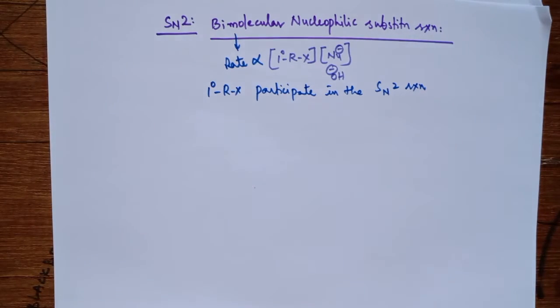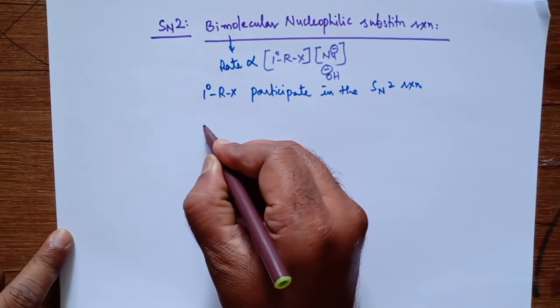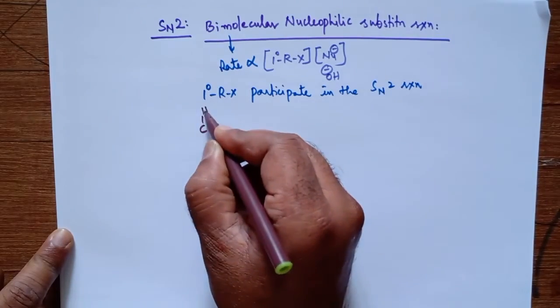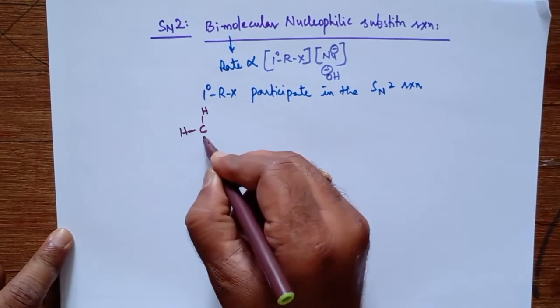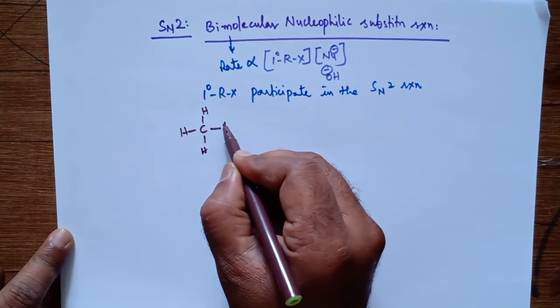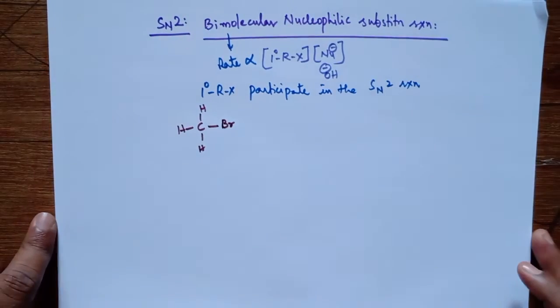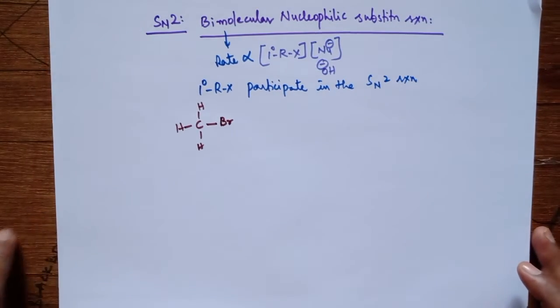So what is the meaning of primary alkyl halide? You should know each and every thing, then only you can understand, right? So what is the primary alkyl halide? Carbon with three hydrogens. This one is a primary carbon. So primary alkyl halide is, X, you can take chlorine, bromine, iodine, any one.